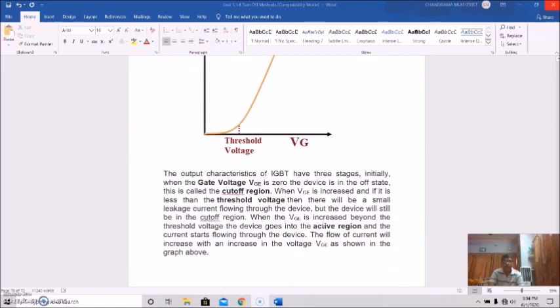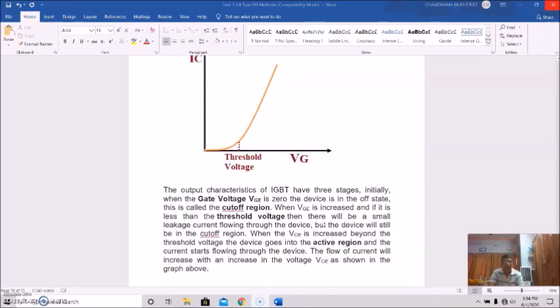We find 3 stages here. When gate voltage is 0, the device is in the off state, called the cutoff region. When the gate emitter voltage is increased but is still less than the threshold voltage, a small leakage current will flow. The device is still in the cutoff region. When the gate emitter voltage is increased beyond this threshold voltage, the device gets into the active region, and current starts flowing through the device.